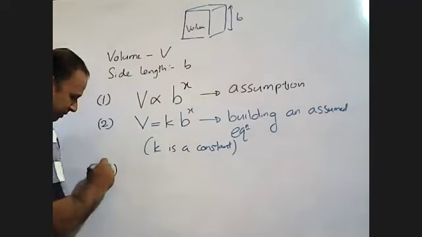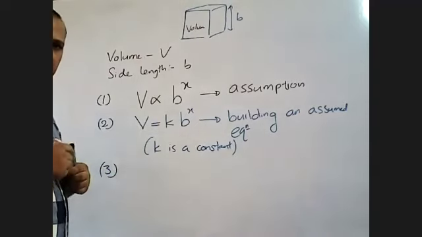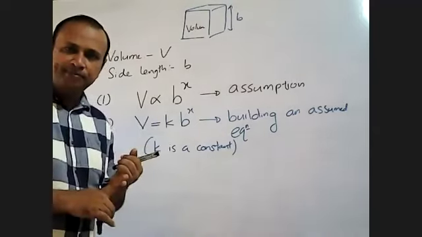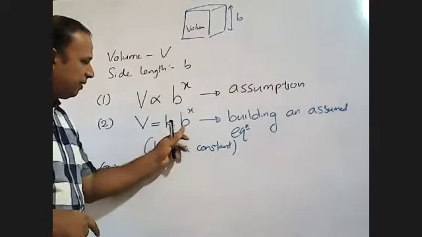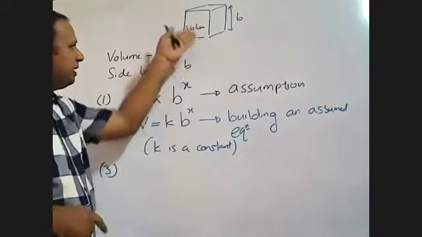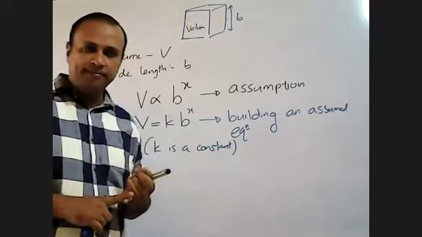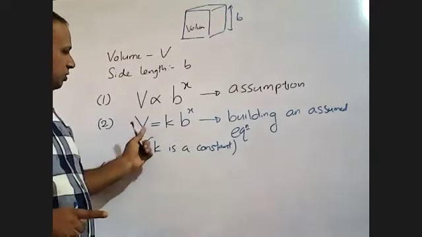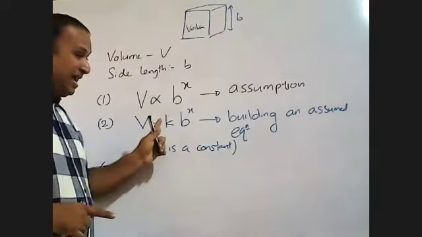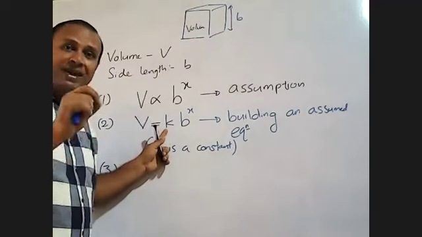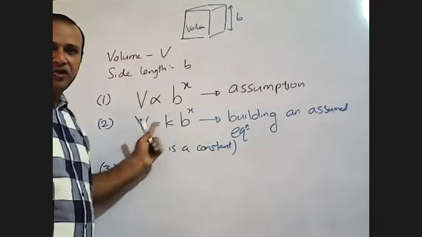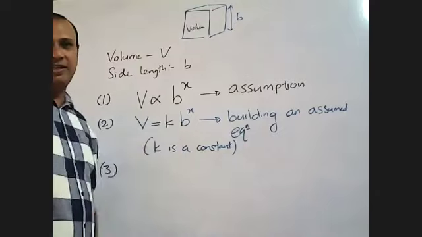We know the dimension of volume. We know the dimension of B. B is a side length, therefore it is known. The value of K is given. These are known, and this one is given.